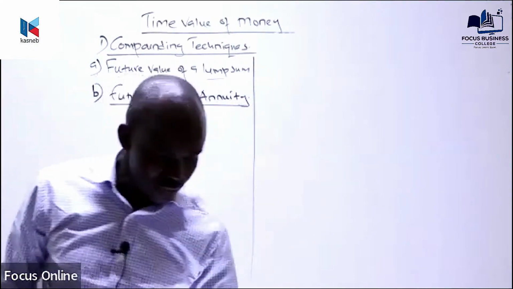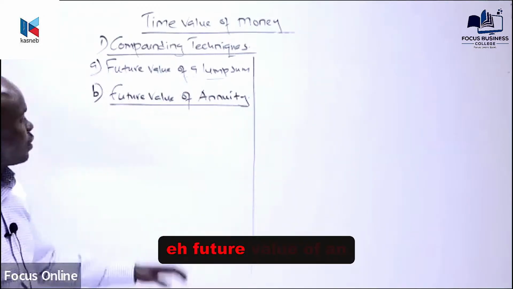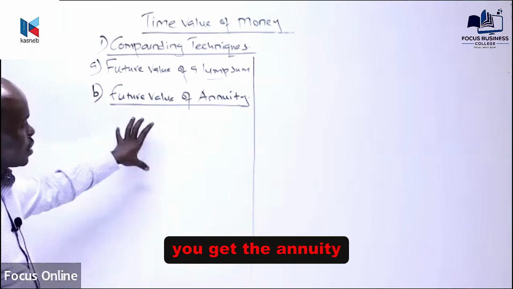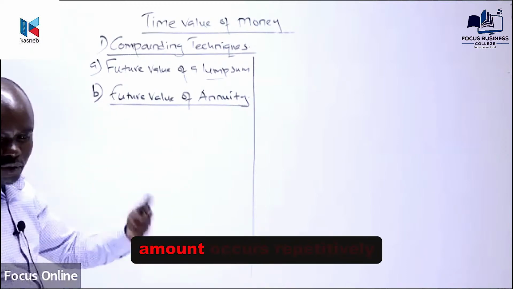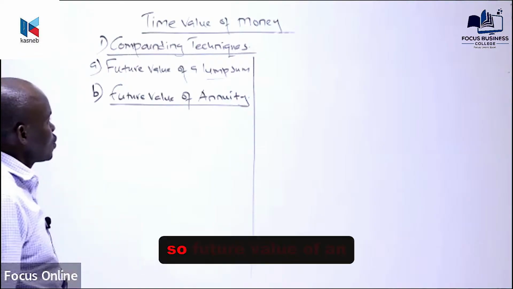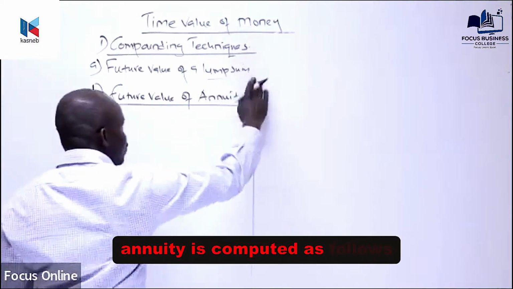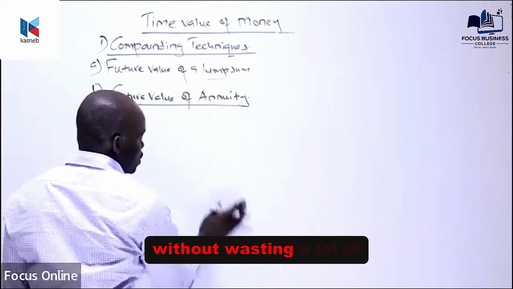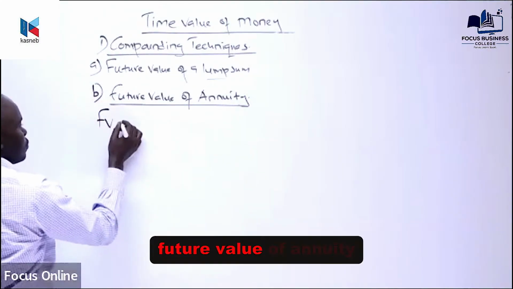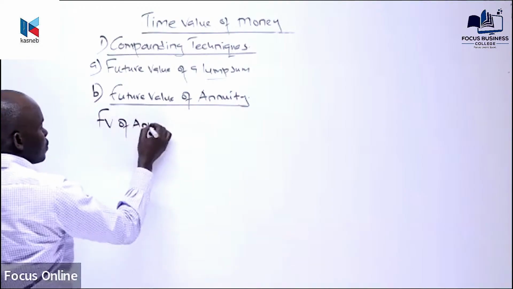Now, a future value of an annuity, just like we've said, you get the annuity. It's an annuity when the amount occurs repetitively, but regularly. So future value of an annuity is computed as follows.